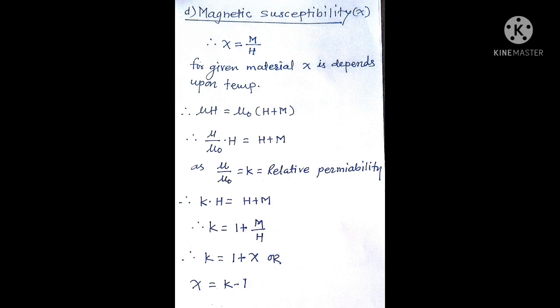Now here the term mu divided by mu 0 is equal to k, that is relative permeability of this material.